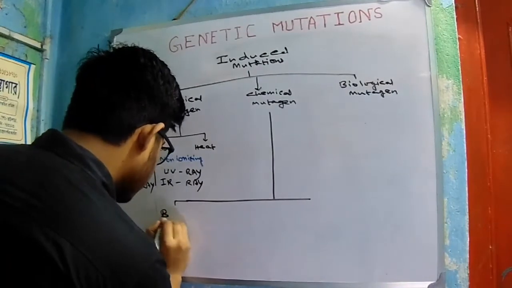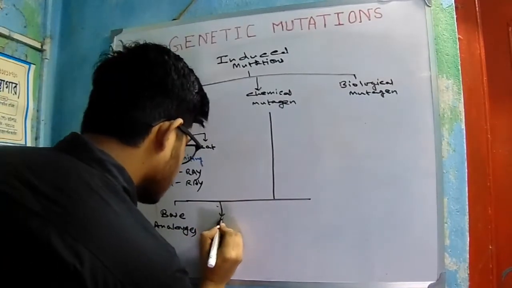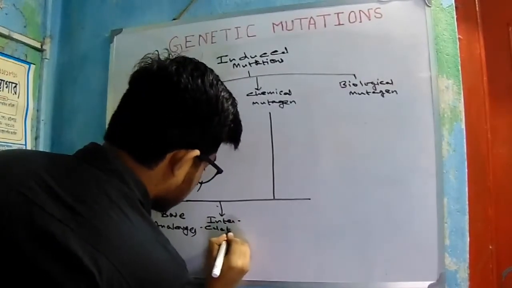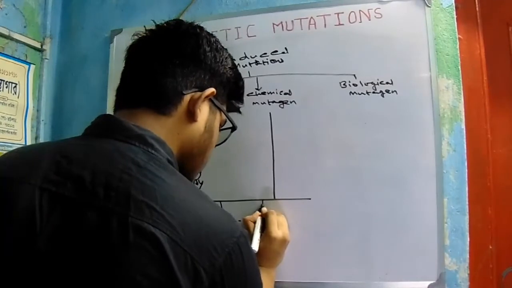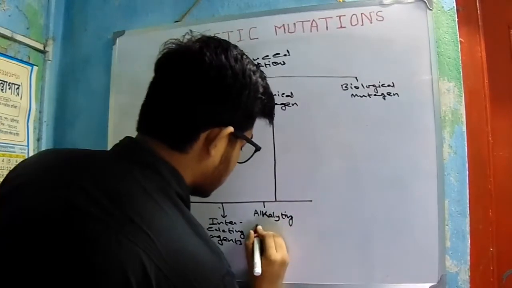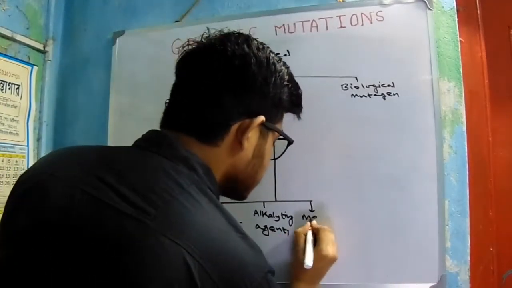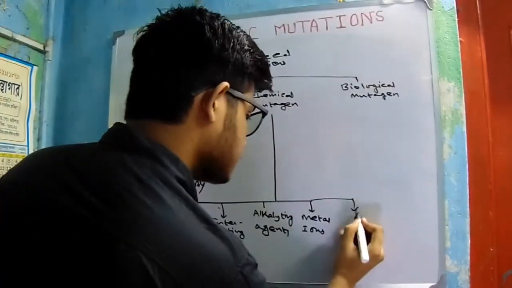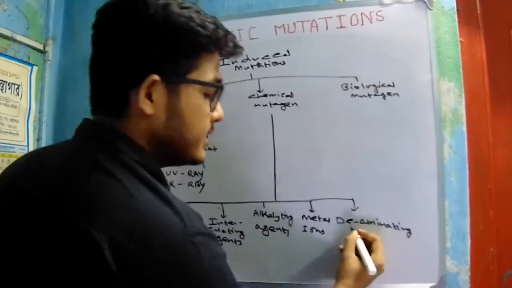Like base analogs, intercalating agents, alkylating agents, metal ions, and deaminating agents. We will discuss it with proper detail.